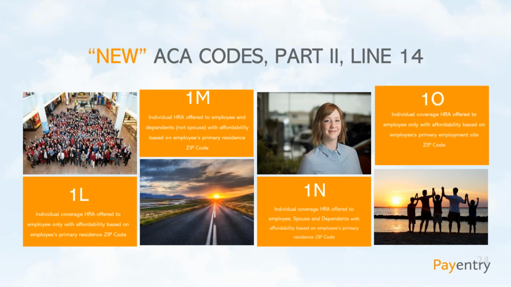And 1O is used if the individual coverage HRA is offered to the employee only with affordability based on the employee's primary employment site, so their work site, instead of residence.